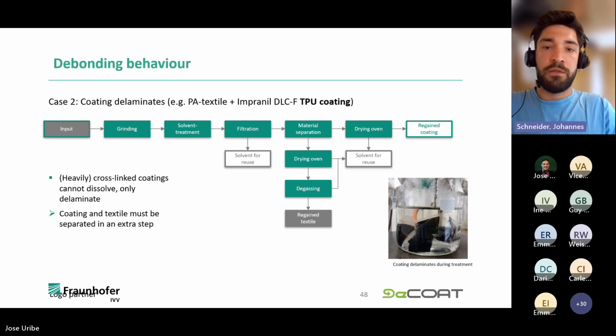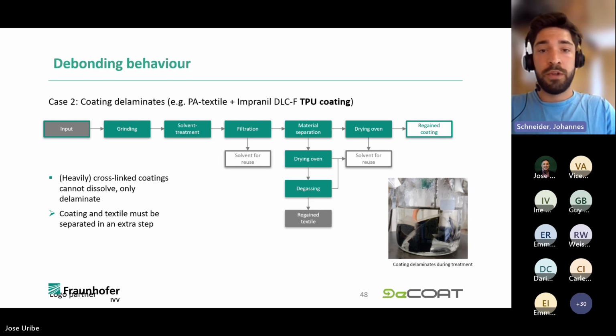Here, when we are facing more heavily cross-linked coatings, we do not achieve a dissolving of the coating anymore because the cross-linkings are too heavy. But then it often was possible to delaminate the coating as a whole from our substrate material.